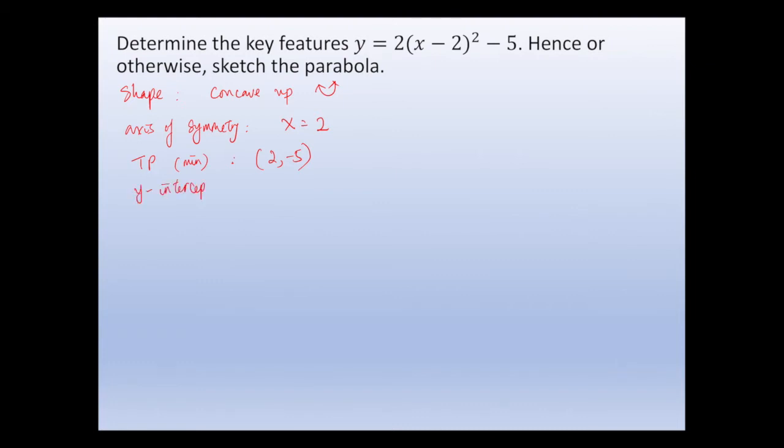And then to determine the y-intercept, when x equals 0, y equals 2 times (0 minus 2) squared minus 5, which is 2 times 4 minus 5, which is 8 minus 5, which is 3. Alright, so then we can determine the x-intercept.